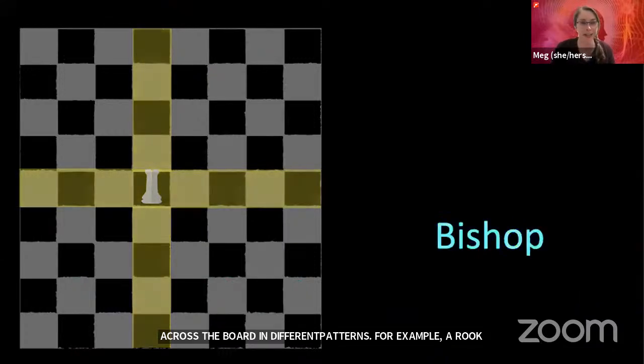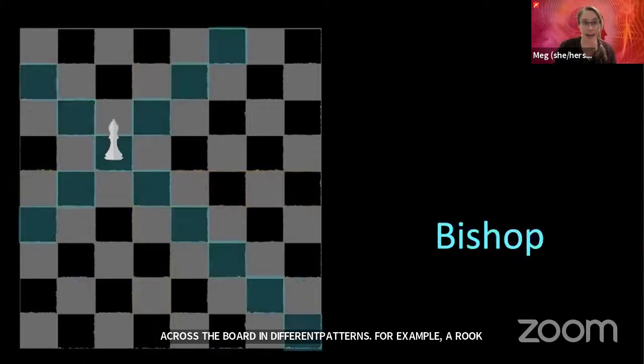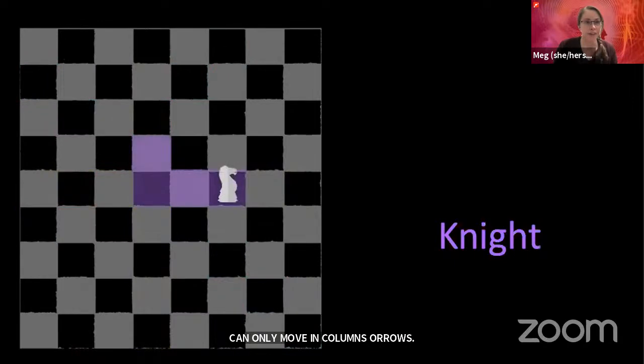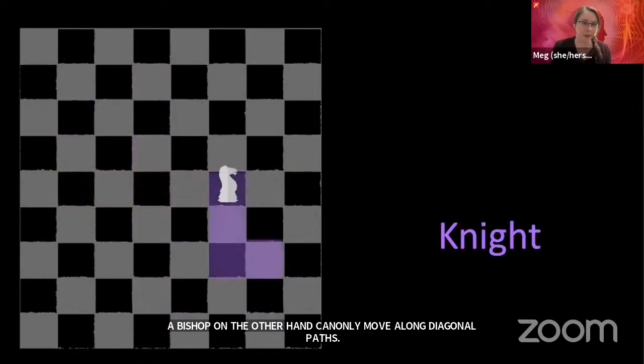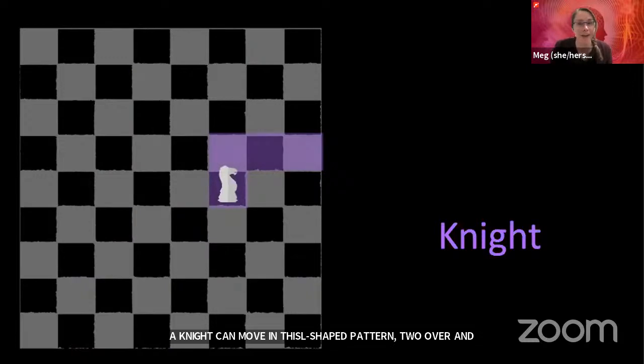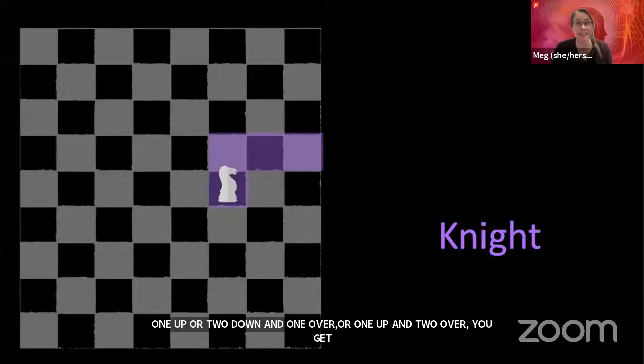A bishop, on the other hand, can only move along diagonal paths. And a knight can move in this sort of L-shaped pattern, 2 over and 1 up, or 2 down and 1 over, or 1 up and 2 over. You get the idea.